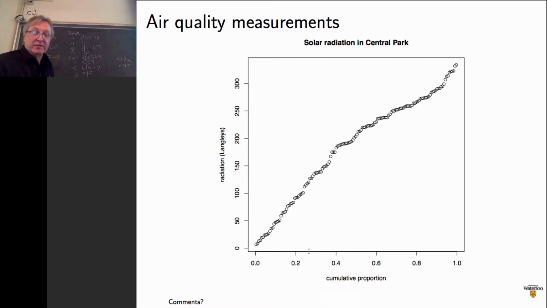So 0.25 is around there, 120 over this way, and 0.75 is around 260, 270. So 140 is the interquartile range, something like that.